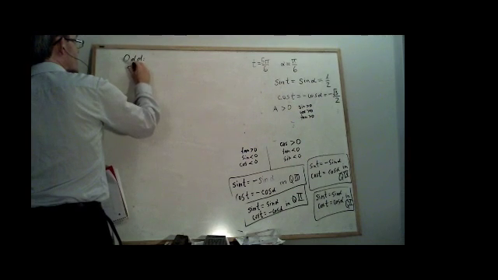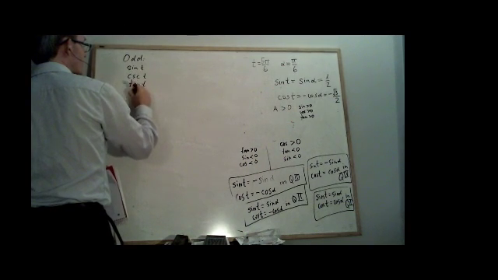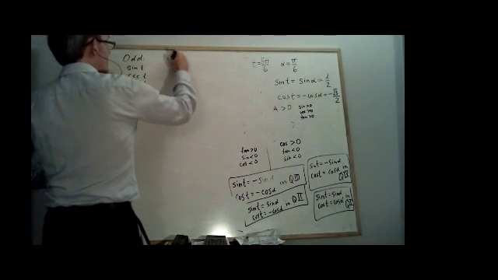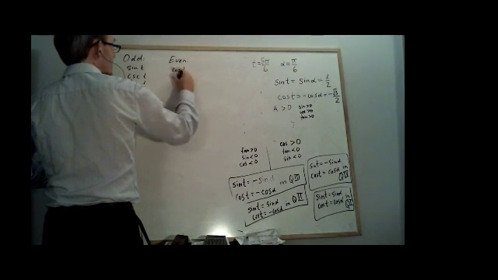So I'll write that down. The sine of t is odd, the cosecant of t is odd, tan of t is odd, and the cotangent of t are odd. And the even functions are cosine of t and secant of t.